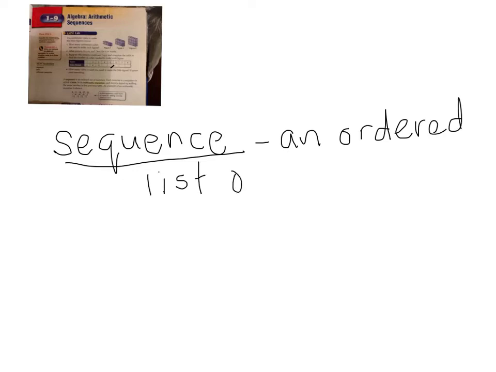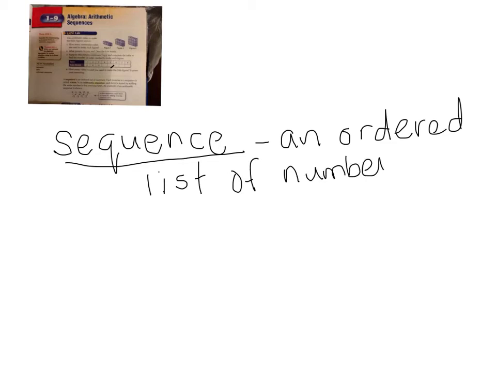The first vocabulary word you're going to learn is called, of course, sequence. Now, sequence is an ordered list of numbers.